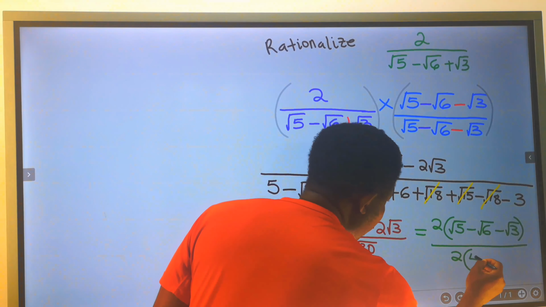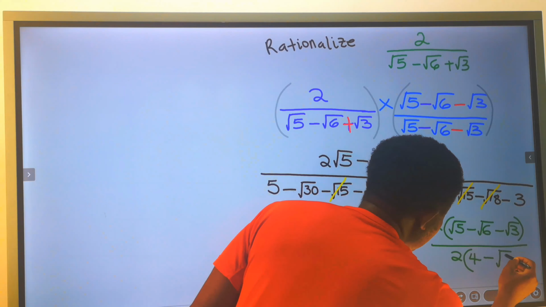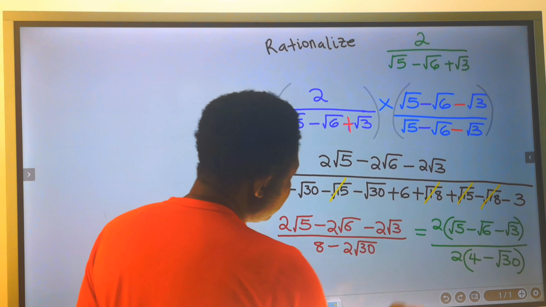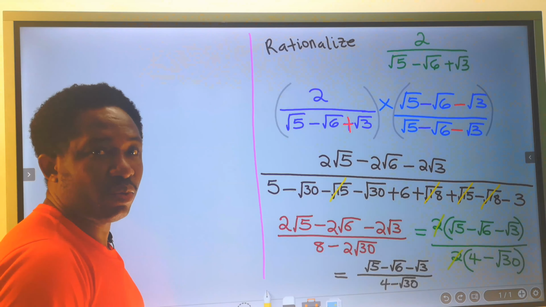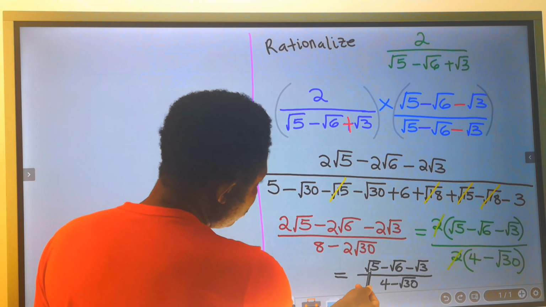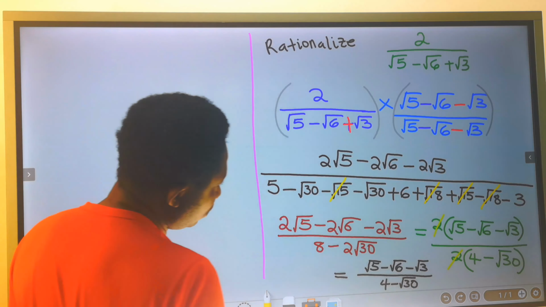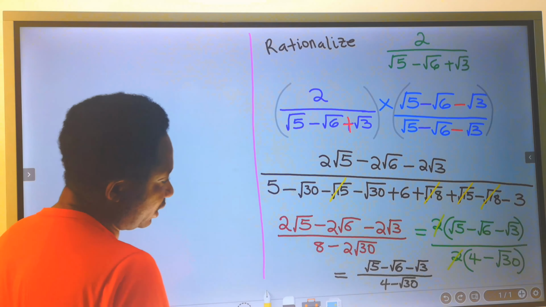We're going to have 4 minus root 30 in bracket. Next, these 2 we take away these 2. Now we are left with the square root of 5 minus the square root of 6 minus the square root of 3 divided by 4 minus the square root of 30.